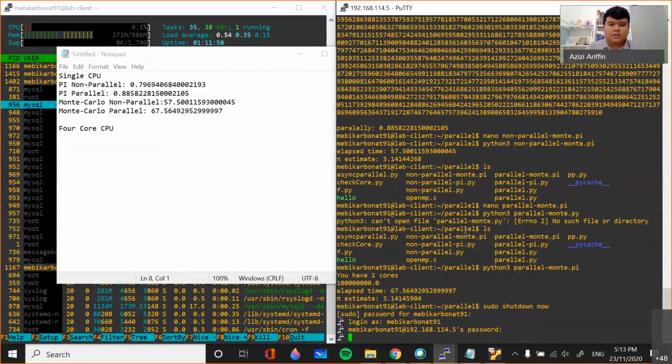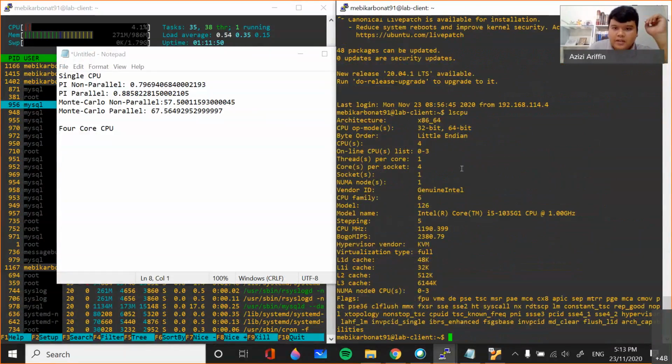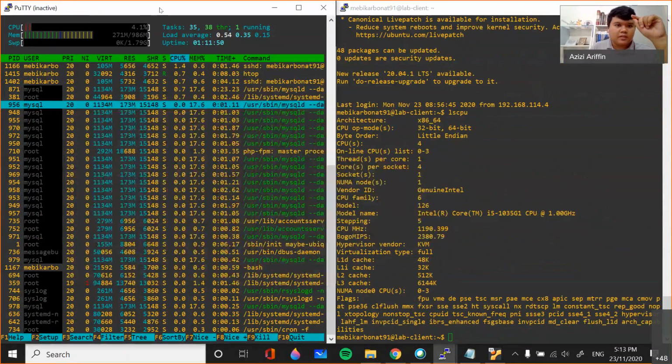Okay, so kalau kita gunakan command lscpu, kat sini nampak dia dah been exposed, been assigned by 4 CPU. So sekarang ni dia 4 core punya CPU right? So we try restart sini juga.